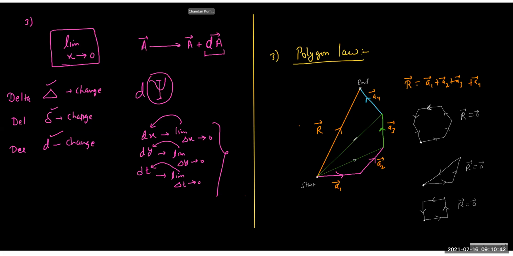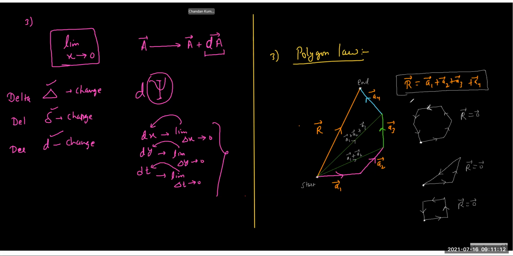Now, if I draw multiple lines like this, you can think of triangles. What is the first triangle? A1, A2. Now look at the second triangle. A1 plus A2 is one side, A3 is the other side. So what is this value? A1 plus A2 plus A3. And then again look at the triangle. So R will be this much.